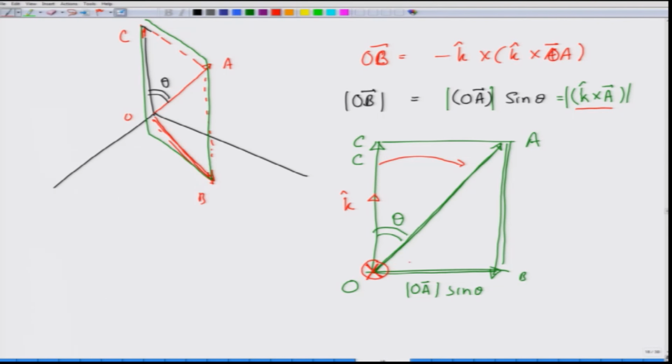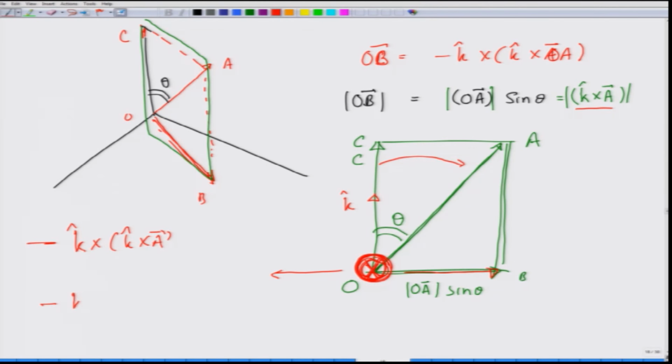I want to bring it back to OB. So, if I take k cross A, which I have already shown right here, I am turning my pen around here, it is going into the page. So, if I turn my fingers from k into the page, I get a vector in this direction. I want to switch it to the other side, so I better put a minus sign here to the left of the screen.